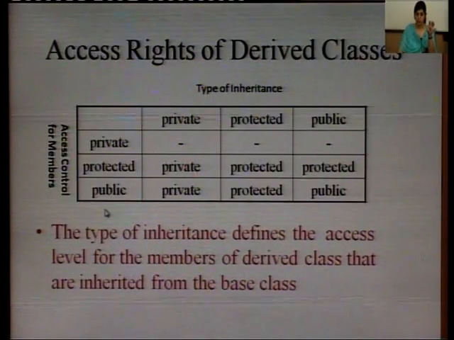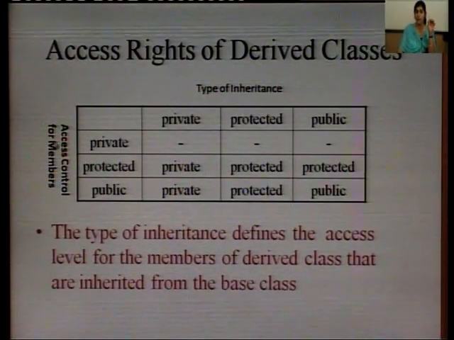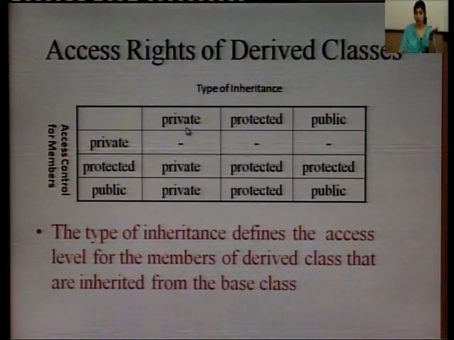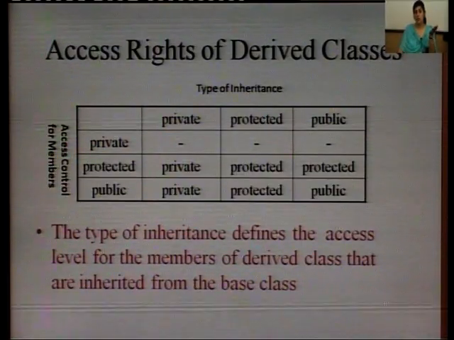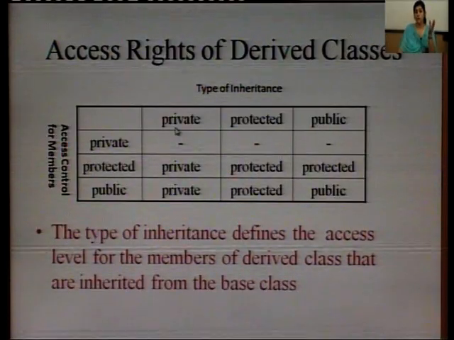We have just done that topic. Types of inheritance can be private, protected or public. And what is the access control for members? Suppose you derive a class as private from the base class. What will happen at that time?